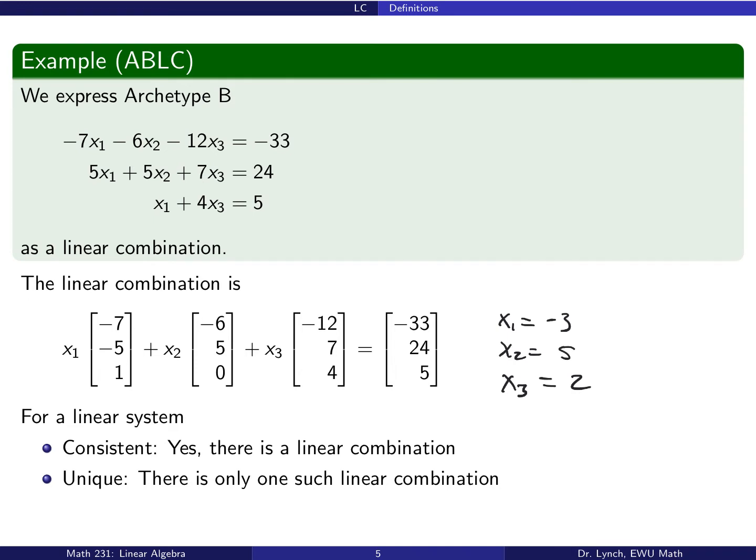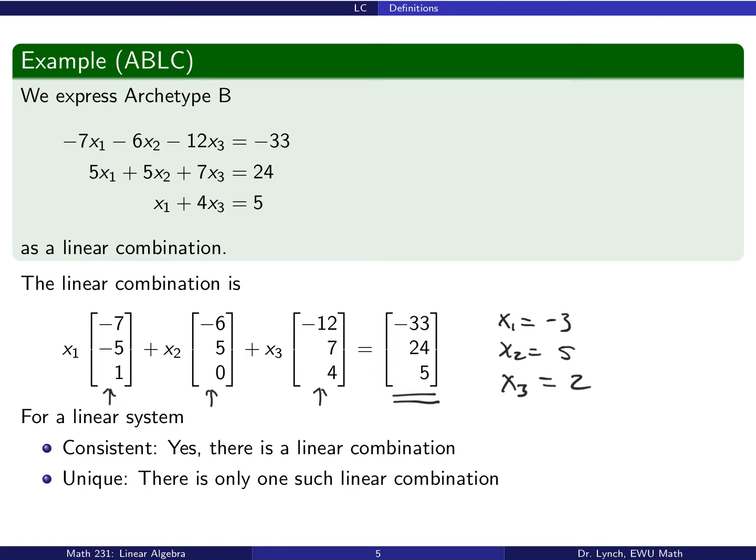Okay, so we know that the linear system is consistent. So yes, this vector in question is a linear combination of the other 3. And in fact, in this case, we know that the solution of the linear system is unique. So there's only one way to represent the vector negative 33, 24, 5 as a linear combination of these other vectors.